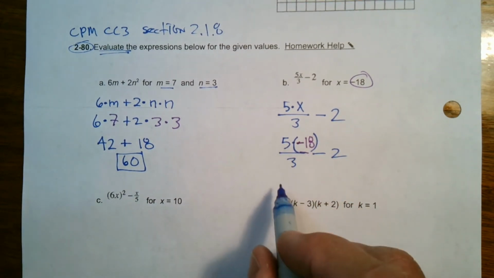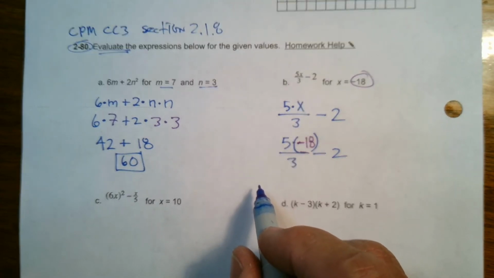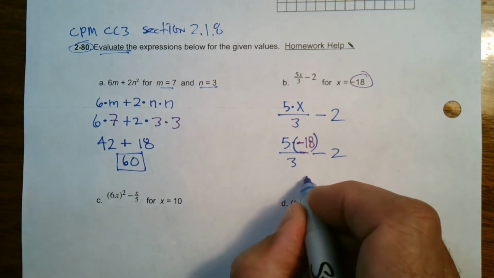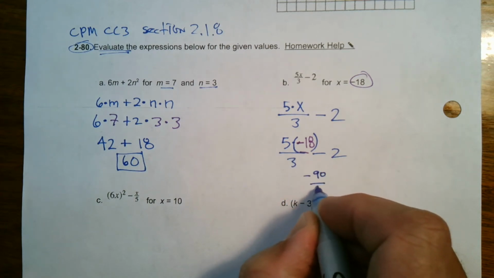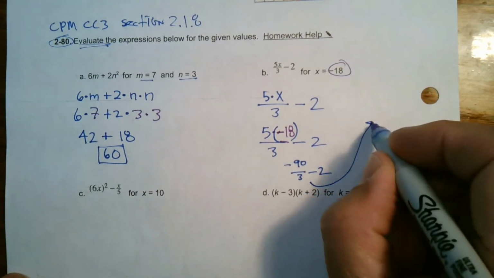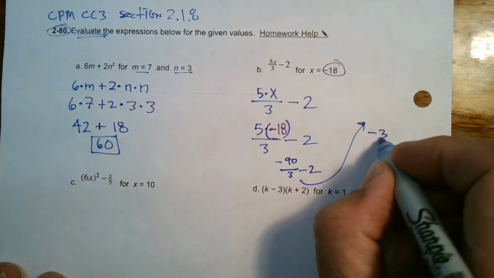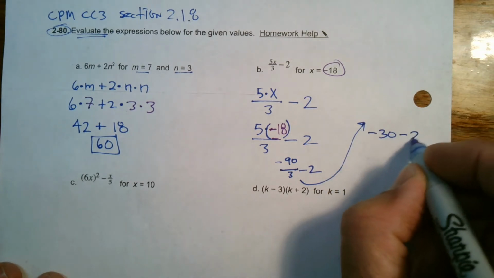So 5 times negative 18, let's see, 5 times 18 is 90, and it's negative. So really now this becomes negative 90 divided by 3, all minus 2. So I'm going to bring this up here so we can see it. So negative 90 divided by 3 is negative 30, and then minus 2.